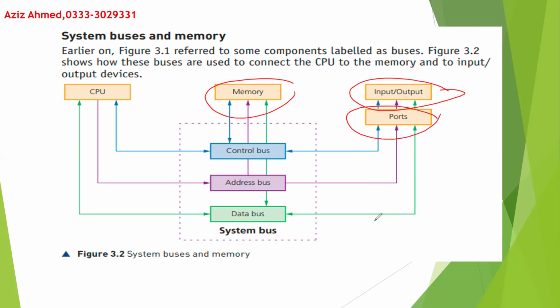Ports are outside of the computer, like the keyboard. In a laptop, the keyboard is already given, but the mouse is connected outside the computer. Scanner, camera, printer, mic, headphone, all these input output devices are connected outside the computer.